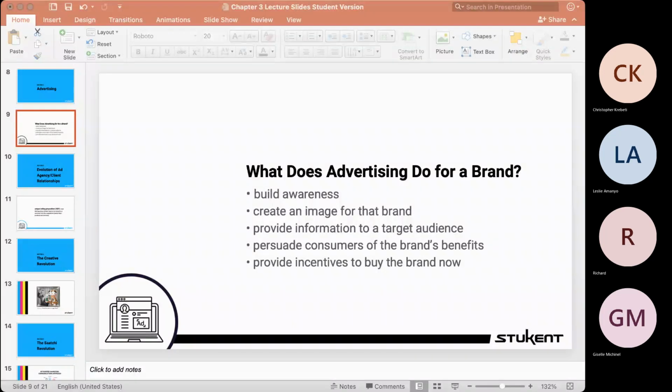Let's say, for instance, you are advertising Ivory soap. Ivory soap was first advertised in 1879 by Procter and Gamble. You will get to know much about them later. That was the first advertisement in public by Procter and Gamble for Ivory soap.